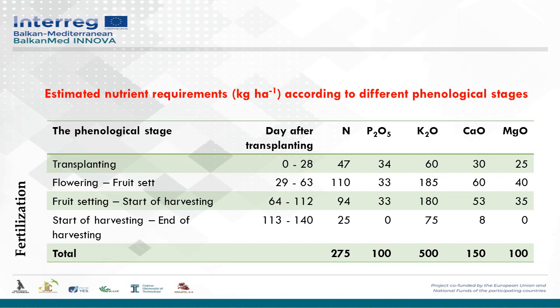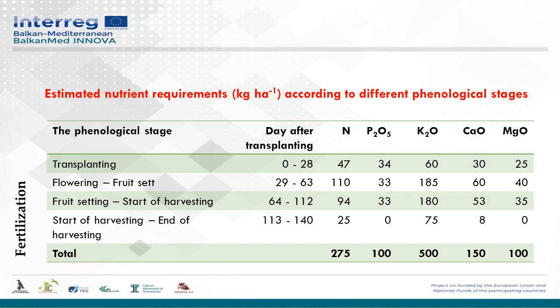And yeah, this is of course an estimation, and it can be used as an orientation to define the right amounts of fertilizer for each stage of development. Of course, you have to correct these values according to the concrete situations of your greenhouses.